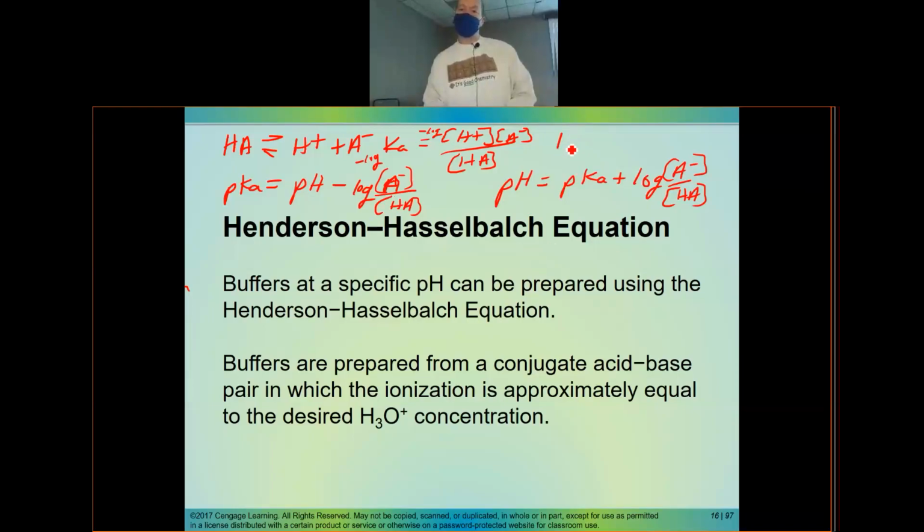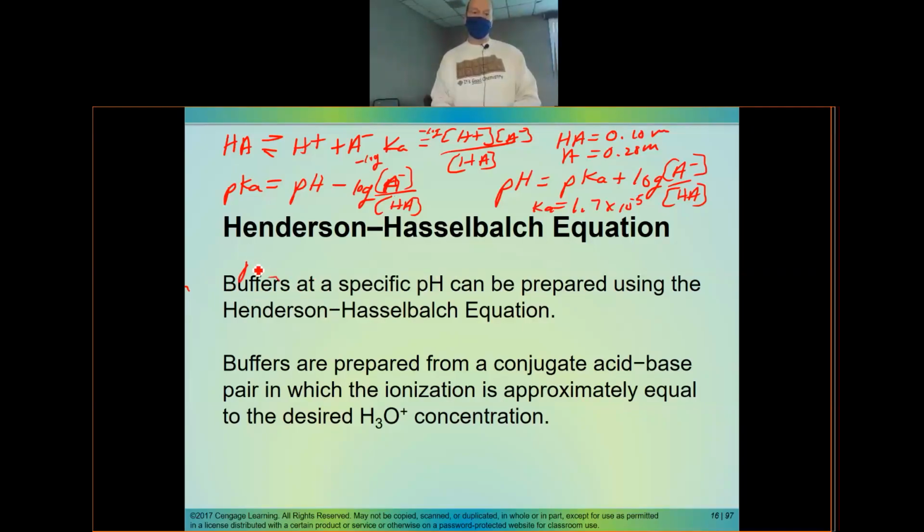If you recognize that you have a buffer, you simply plug in the numbers. So if I started with HA at 0.10 molar and A minus at 0.20 molar, and the Ka was 1.7 times 10 to the minus 5, and you say that's a buffer, you throw it into the equation and the answer just pops right out.